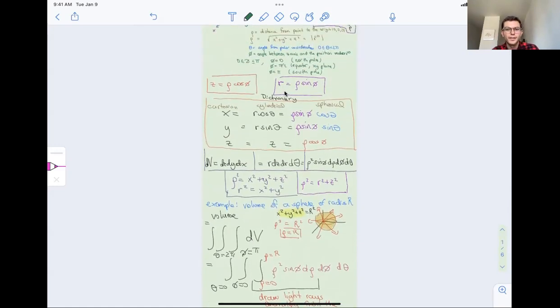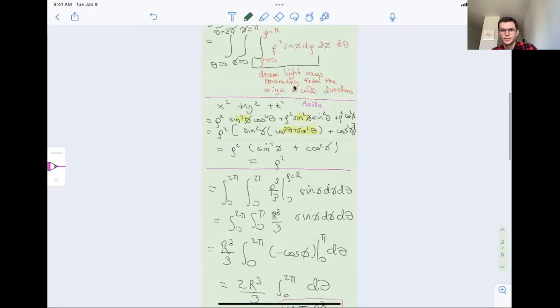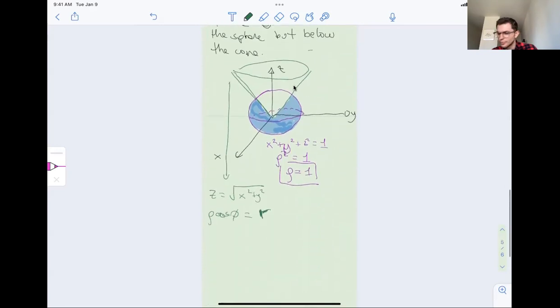r is almost there. r is rho sine of phi, right? If you look at this, you get rho cosine of phi equals rho sine of phi. So the rhos cancel, right? Because you can divide both sides by rho. So you get 1 equals the tangent of phi.